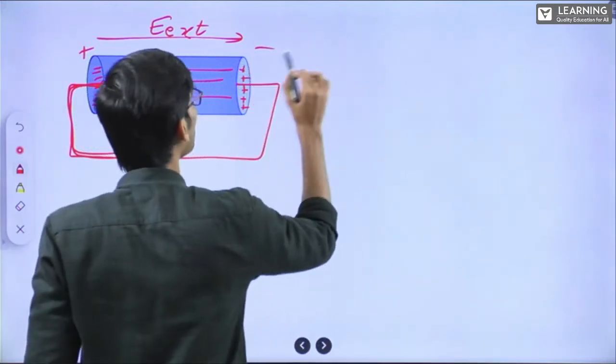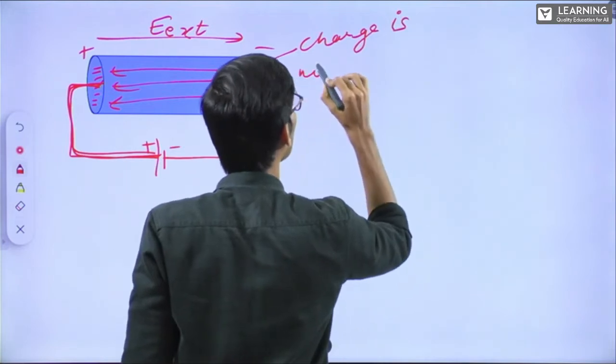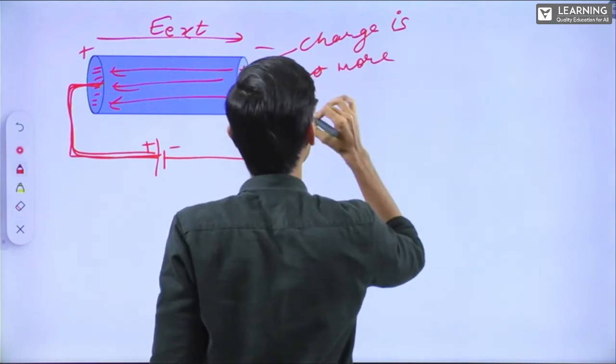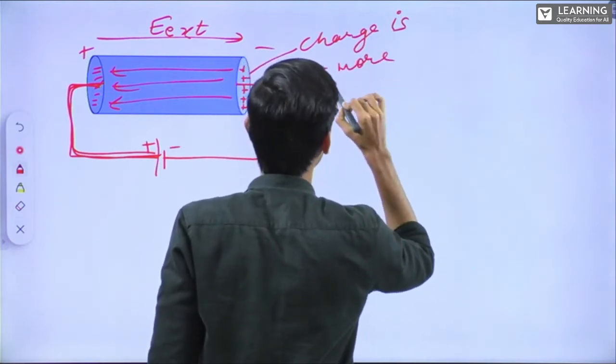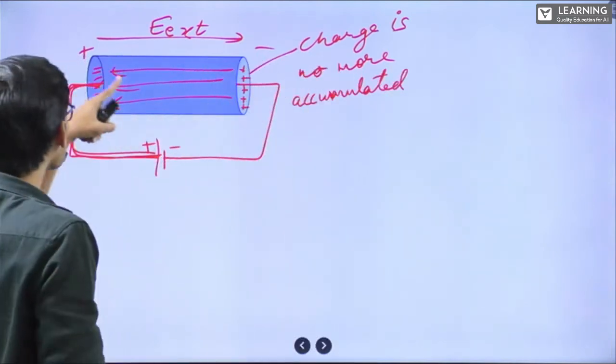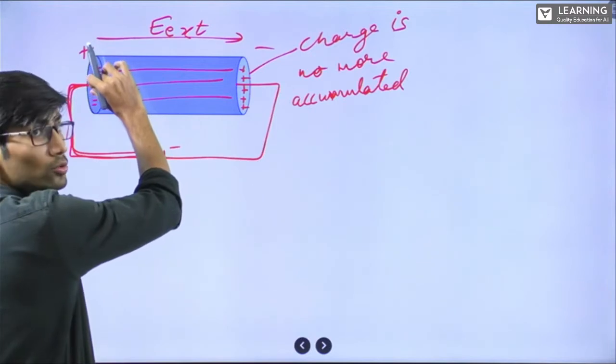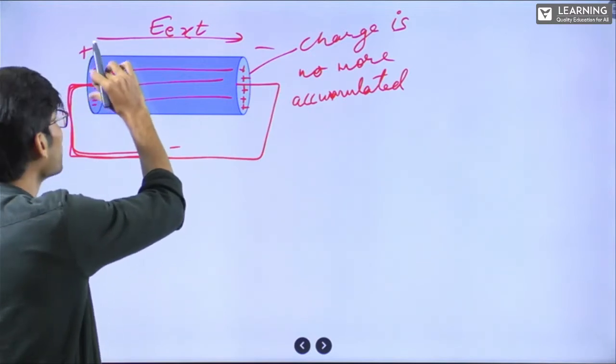Why is it not accumulated? Because now it will start moving. Since it will start moving, this accumulation will reduce, and ultimately this accumulation will become 0.